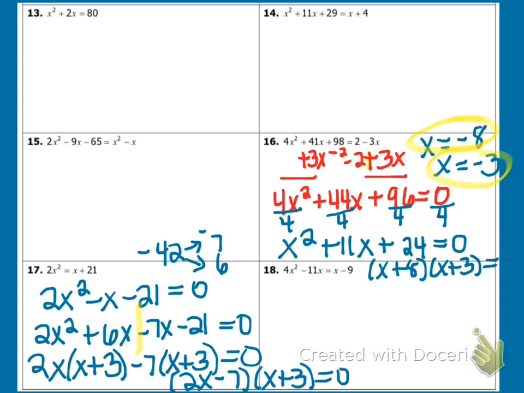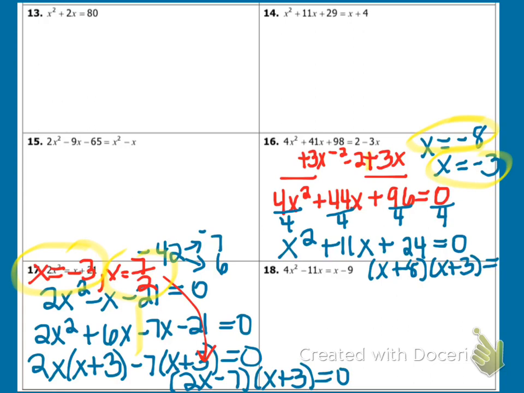And if I set those equal to 0, I have x equals negative 3 and x equals positive 7/2. That's the one that would go to this one right there, right? So there are my two solutions, negative 3 and 7/2.